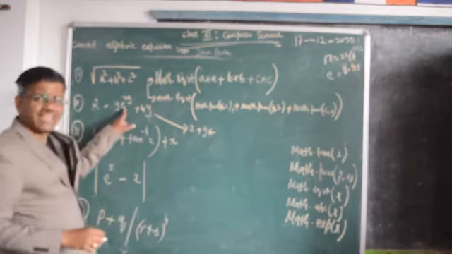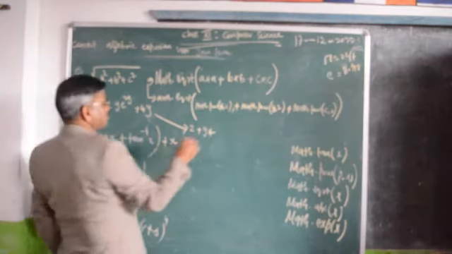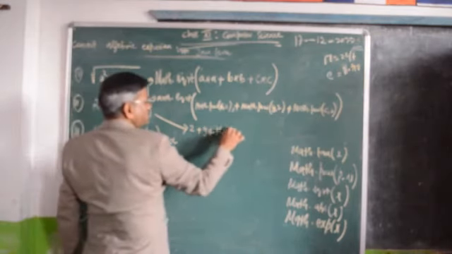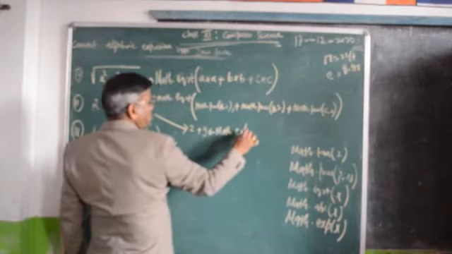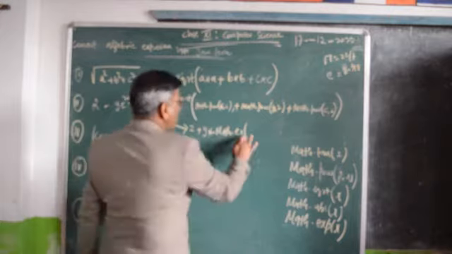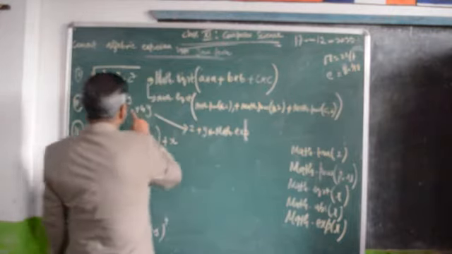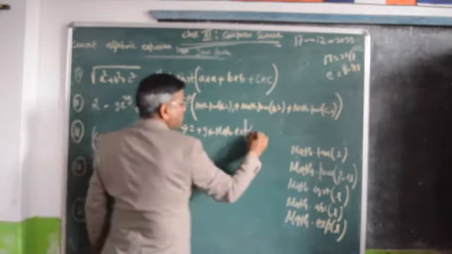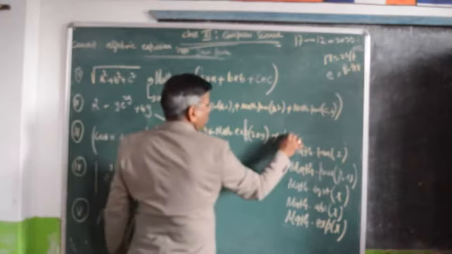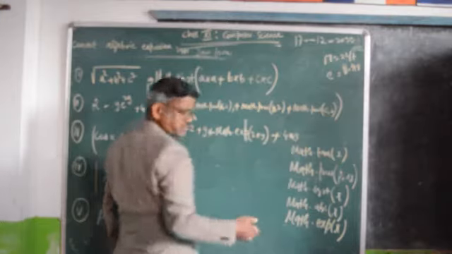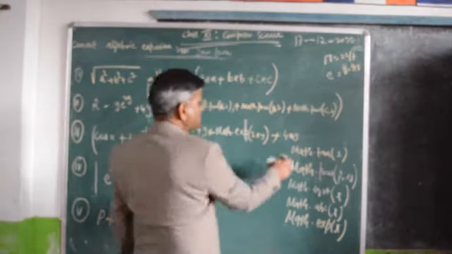Whenever you come across e, you must write math dot exp of 2 into y plus 4y, 4 into y. Do you understand, boys and girls?